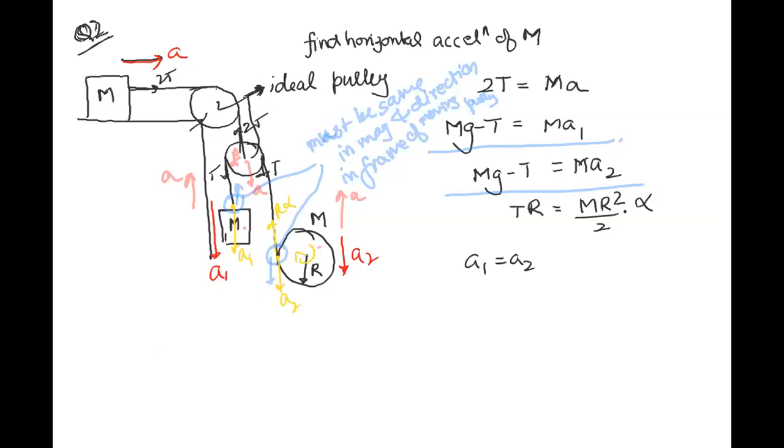So this would mean that A minus A1 would be the acceleration of this point. This point, due to translation, would have an acceleration A2 minus A, and due to rotation, it would have an acceleration minus R alpha.